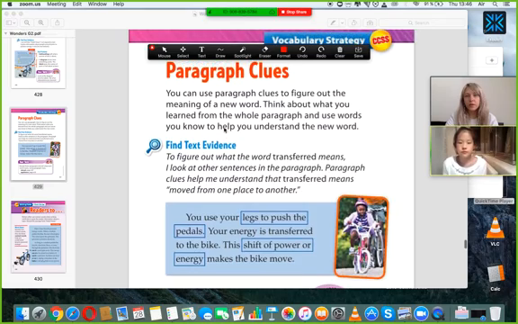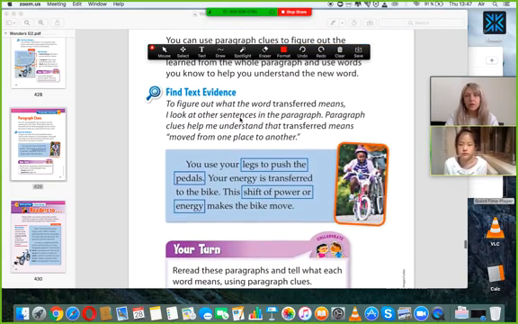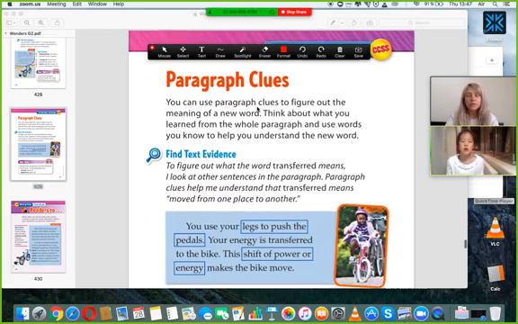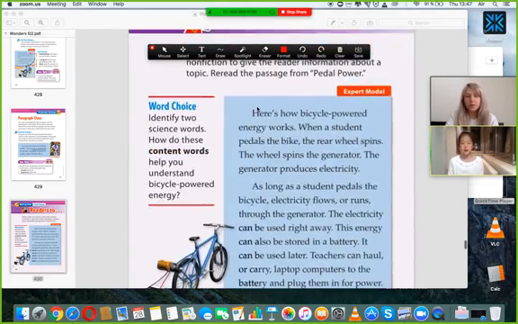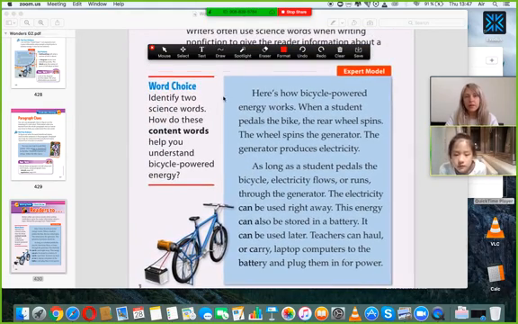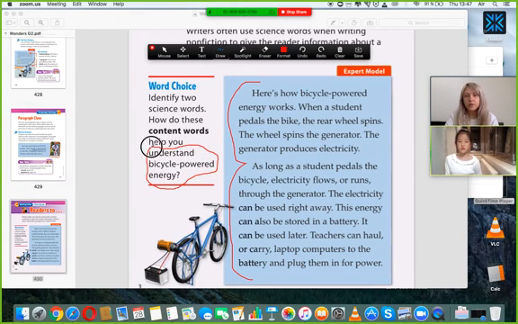So here we had some keywords that help us, some clues to figure out the meaning of the word. And let's reread this part, and we'll try to answer the question. How can we understand bicycle-powered energy using content words? So let's reread it.